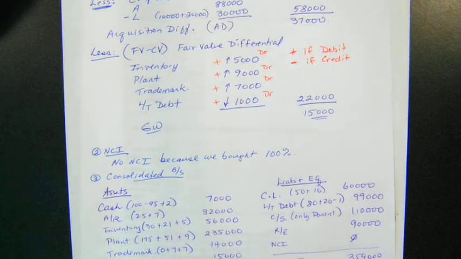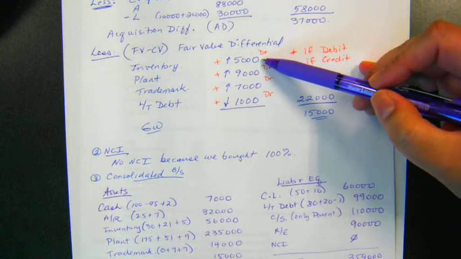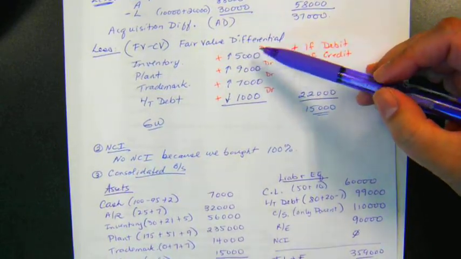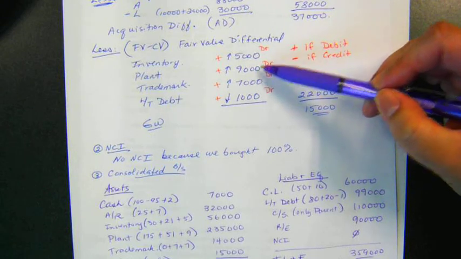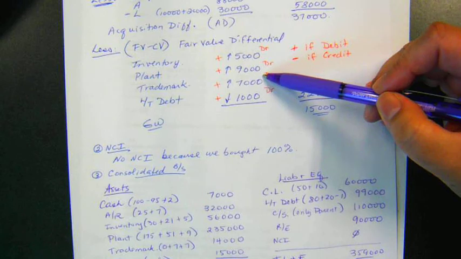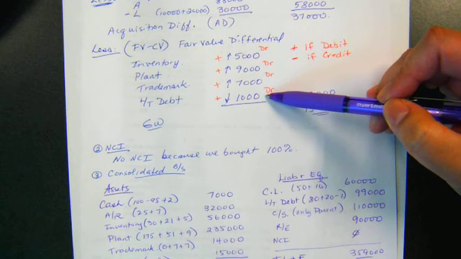2, 3, we have to do something with these. So inventory, it's going to turn out goes negative the next year. Plant and trademark will have to be amortized every year, and it goes off in the next year. We're not worrying too much about it at this level.